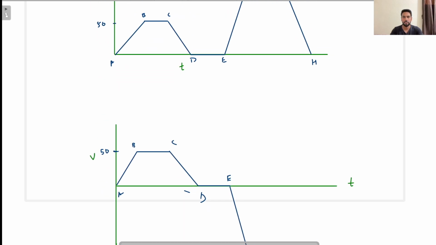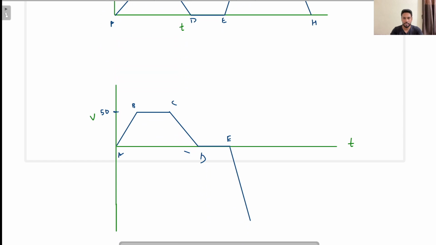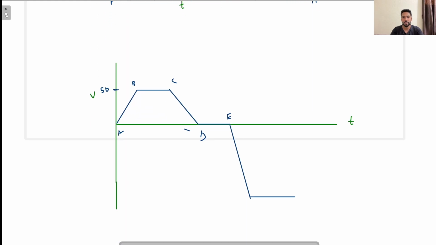So here it attains a negative velocity and stays there for some time. Then again from there it comes back to 0. Now look here, a small change. Now this is minus 80. You are seeing minus 80 here. You have F, you have G, you have H.